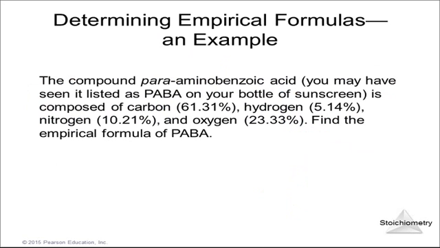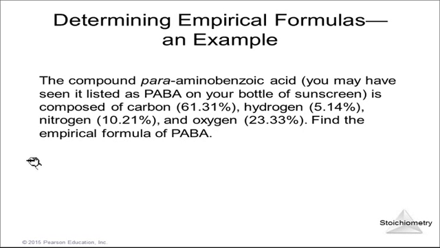So let's take a look at this. In this example, we have para-aminobenzoic acid, also known as PABA, a component of sunscreen. It's composed of carbon, they tell us it's 61%, hydrogen 5%, nitrogen 10.21%, and 23.33% oxygen. Based on these percent compositions, they want us to find the empirical formula of PABA.